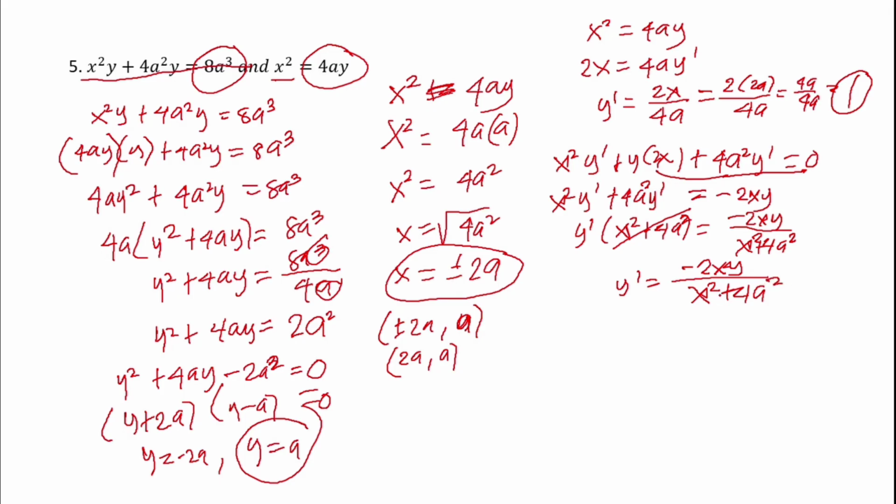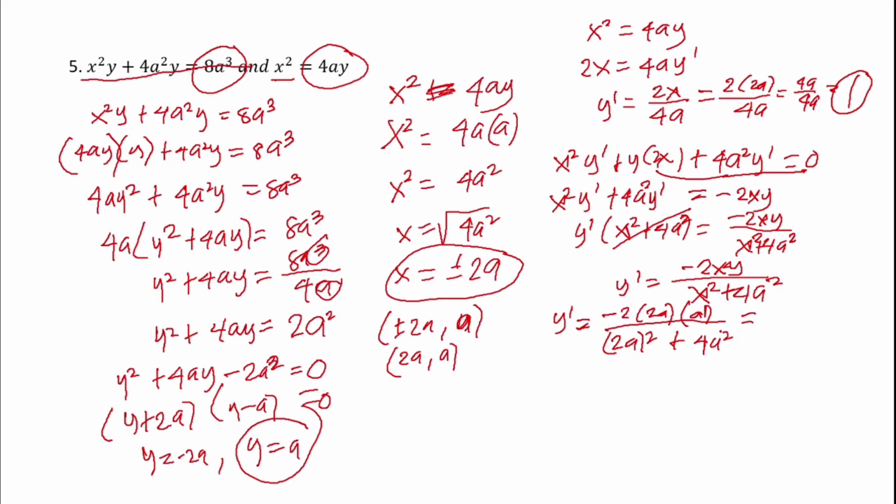So now we have to substitute the value. So y prime is equal to negative 2 times our x is 2a and the y is a, over x is 2a squared plus 4a squared.